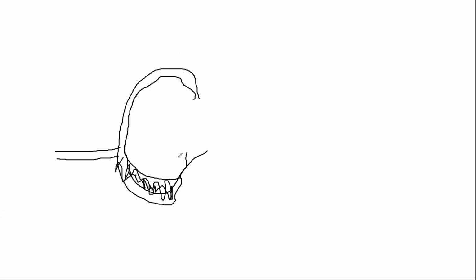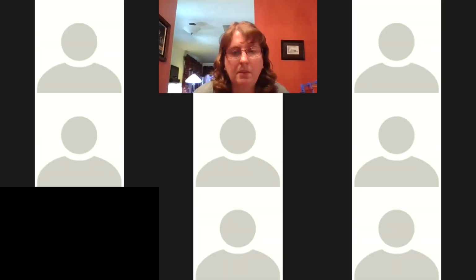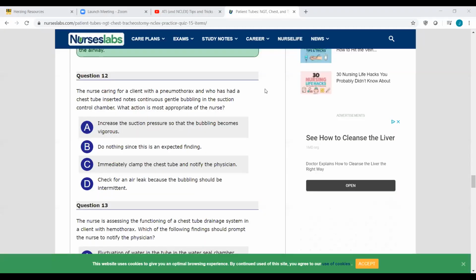There's a section where the drainage goes, a section that is hooked up to the suction on the wall, and a section they call the water seal chamber. So that's just so you know what we're talking about here. All right, just give me a guess and I'll explain more in a minute.